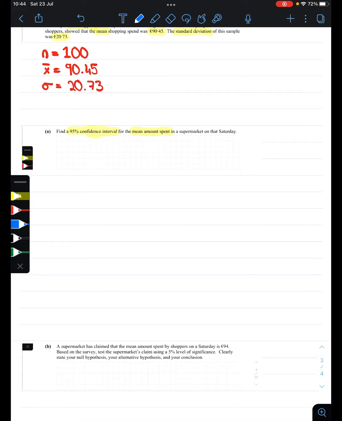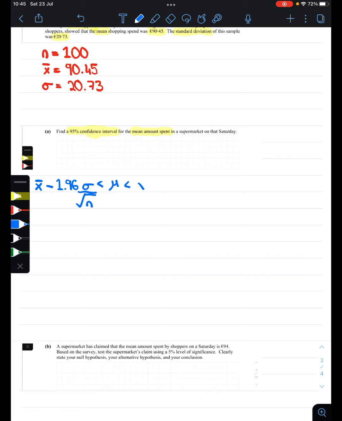Okay, so we have a formula for this. So we know that the true mean, mu, is greater than the sample mean minus 1.96 times the standard deviation over the square root of n, the size of the sample.